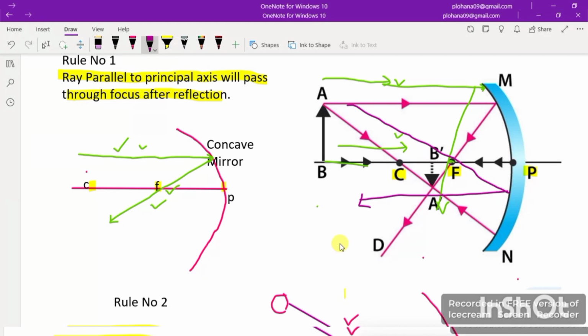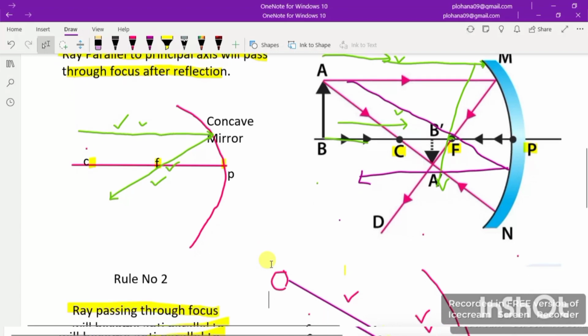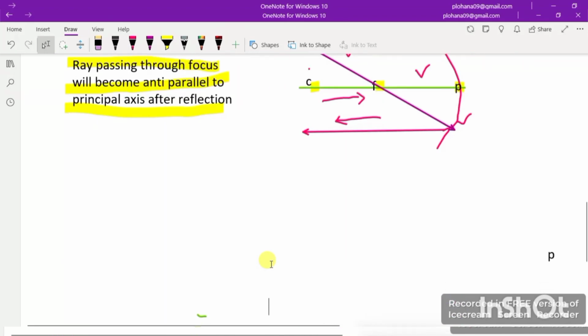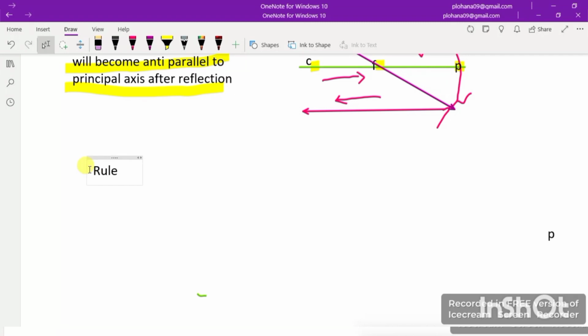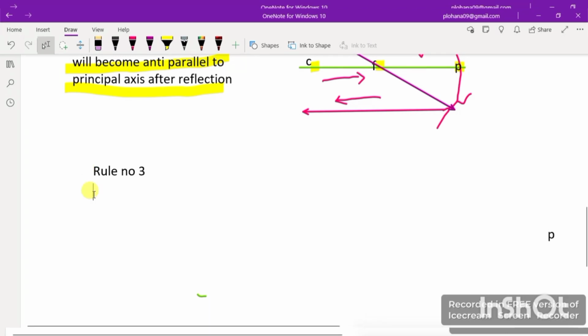Now let me explain to you guys rule number 3. Okay, so now I'm just going to write here what rule number 3 basically says. Rule number 3. Okay, so now what the third rule is saying, let's see.